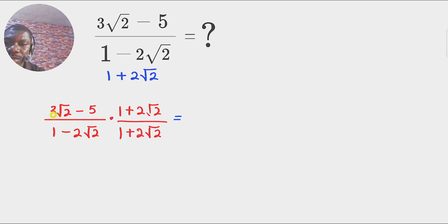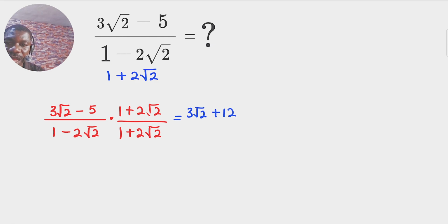So when 3 root 2 multiplies 1, we have 3 root 2. Okay, the next is 3 root 2 multiplied by 2 root 2, and this should give us 6 and 2. Okay, that will give us 12. All right, so here we have plus 12.